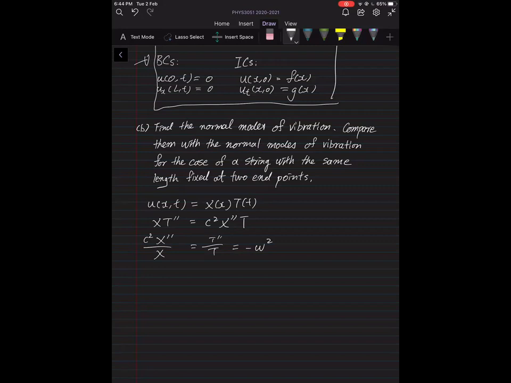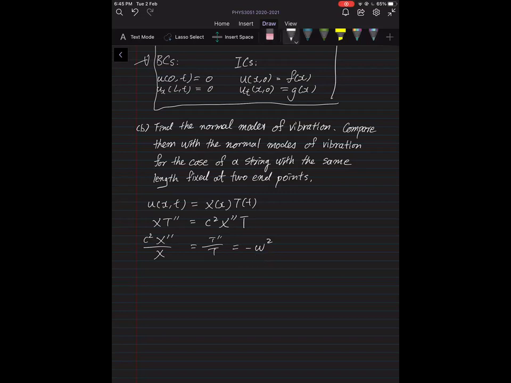If it's positive, then you will get some unphysical solution. But what we want is the physical solution. So we write the constant to be minus omega squared. And later you will find that actually this omega is equal to the angular frequency of the oscillation. And that's why we use the symbol omega here.